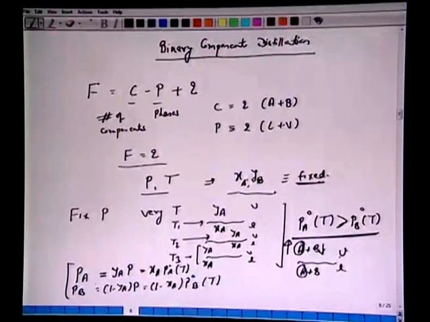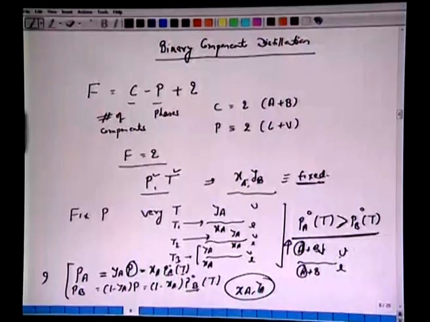So, fix this P and T, fixing pressure and temperature. We know the vapor pressures of A and B, and we have two unknowns, XA and YA, to calculate from these two equations. So, that is the meaning of degree of freedom. Once we fix the pressure and temperature, the mole fractions of A and B are fixed in both the phases.